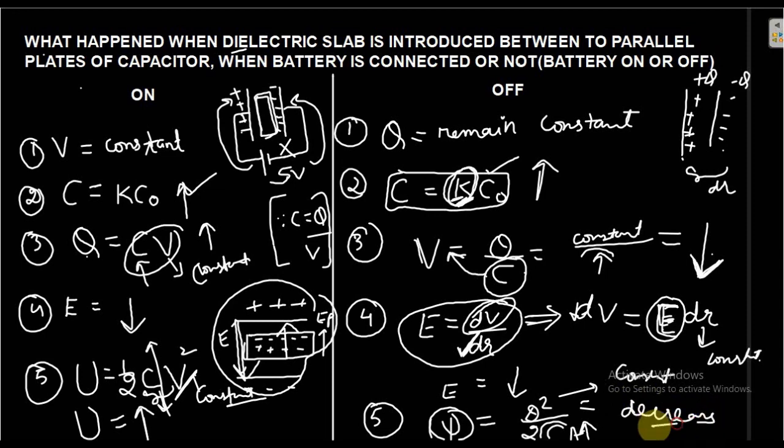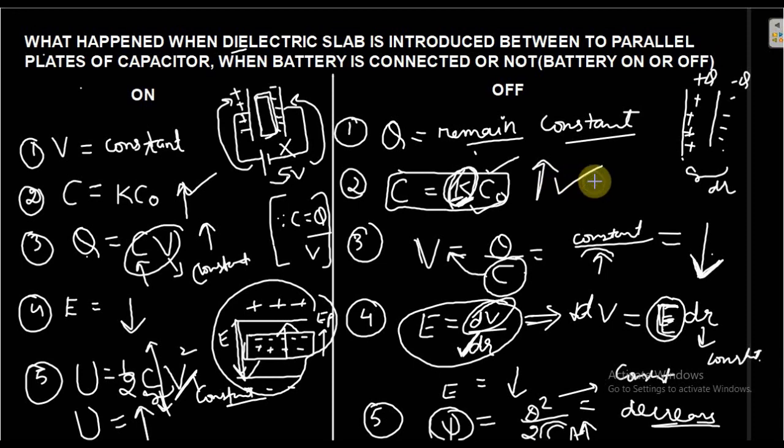So again I'm going to summarize this. Once a capacitor is charged, the charge will remain the same because we have disconnected the battery here, and we know whether you insert a dielectric medium, the capacity will increase by K times. So overall capacity will increase whether battery is connected or not.